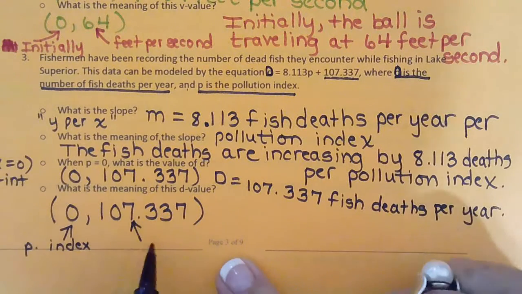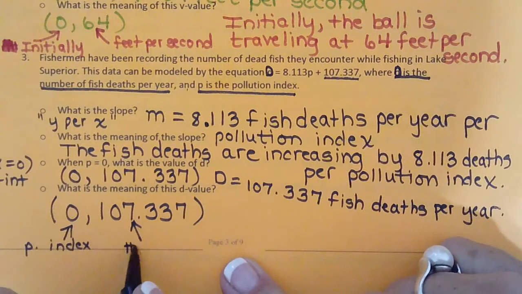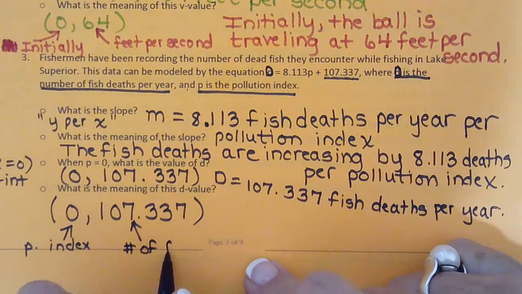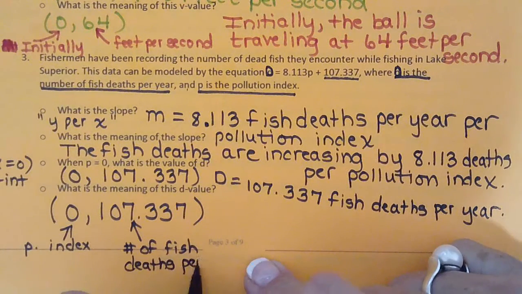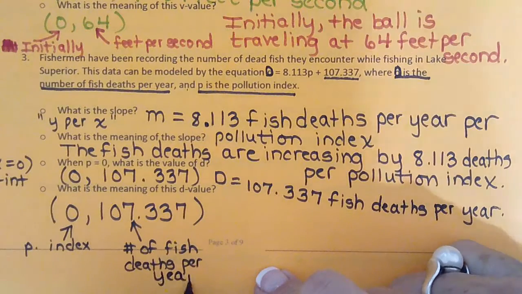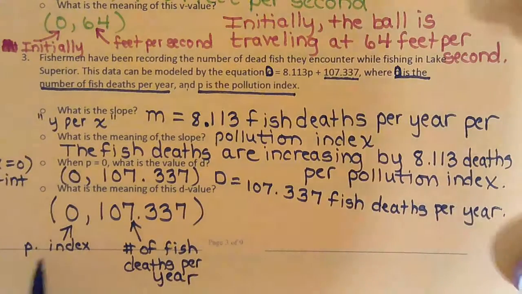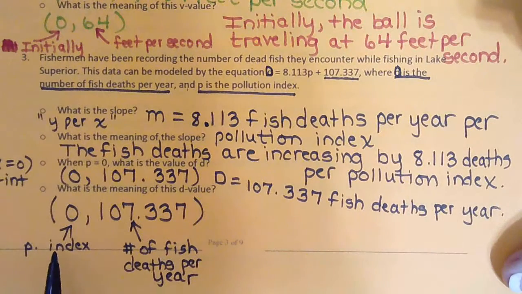And this is number of fish deaths per year, because this is our Y. So we would say when the pollution index is 0, the number of fish deaths per year is 107.337.